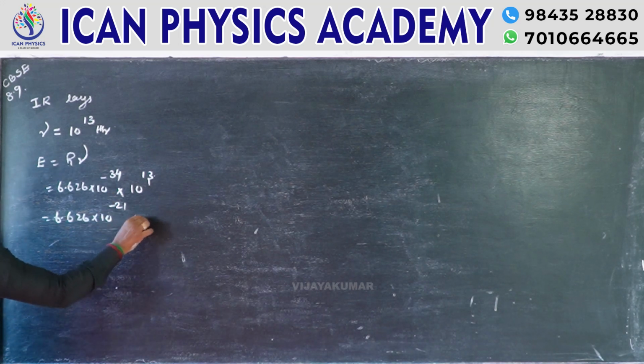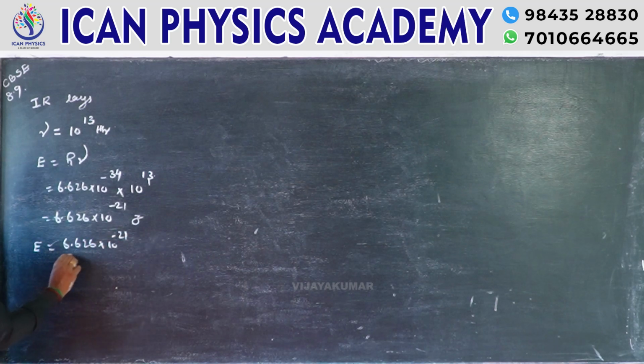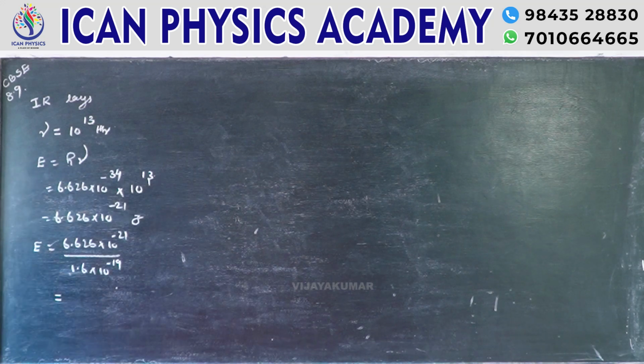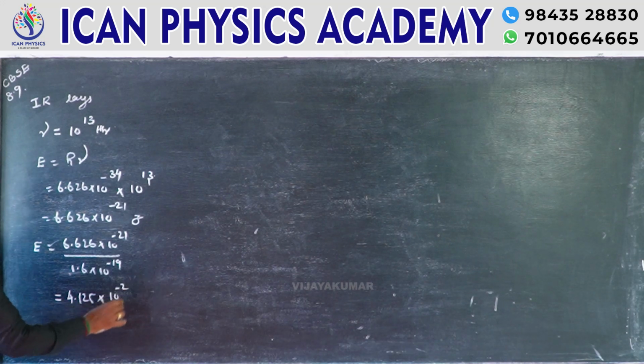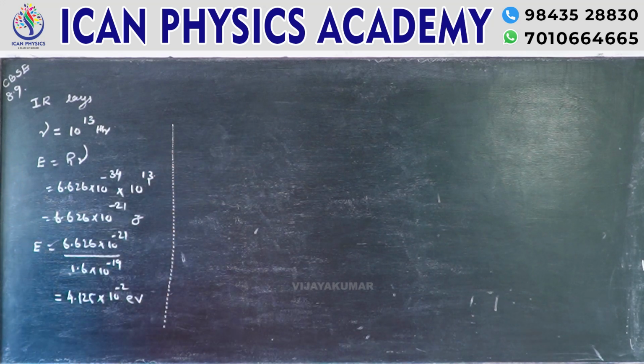So this much of joule. So E equal to 6.626 into 10 to the power minus 21 divided by 1.6 into 10 to the power minus 19. So that we can get 4.125 into 10 to the power minus 2, this much of electron volt. Okay. This is for IR rays.